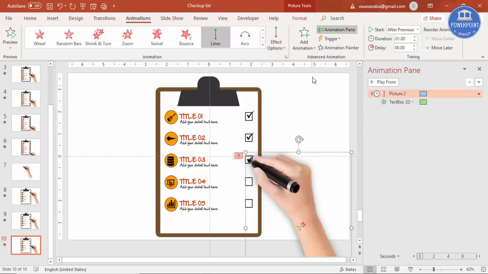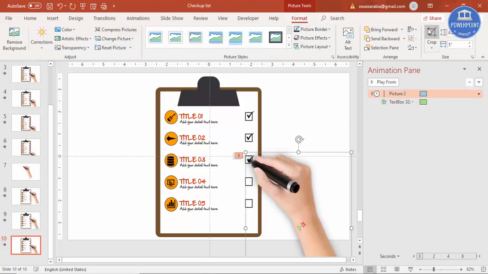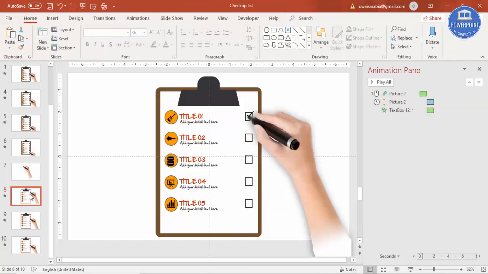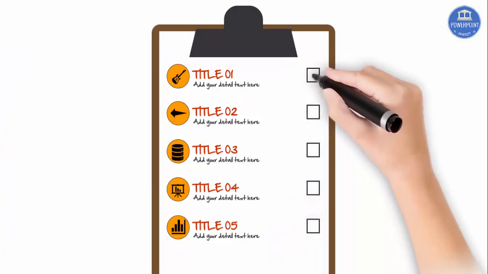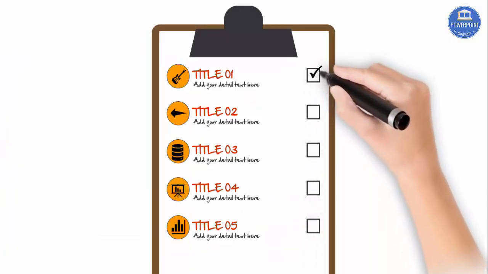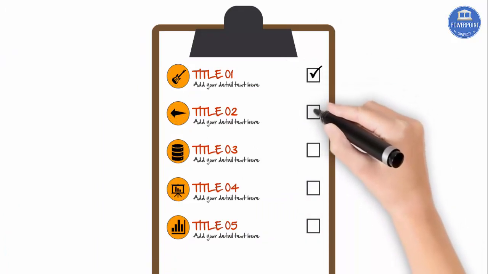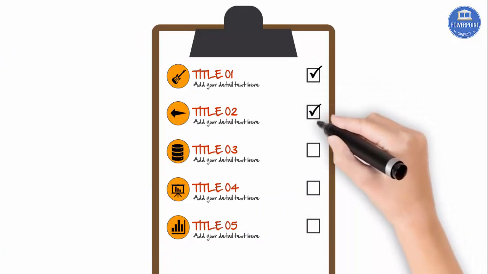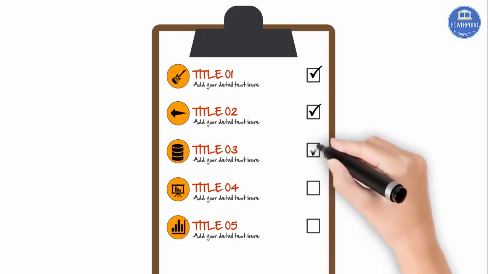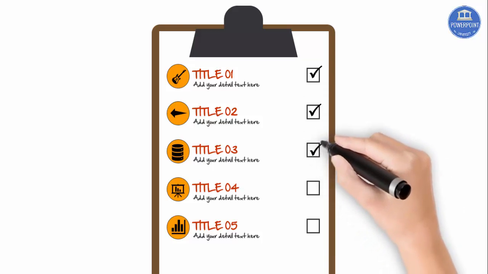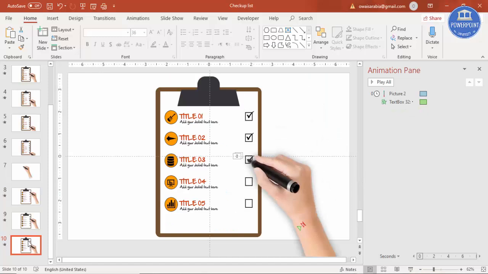Alright, and make sure that this hand image is always on top. Again, so let me just go from the slide 1, title 1 is ticked, then its title 2 is also ticked, then it comes to title 3, this is also tick. Likewise you can do for title 4 and title 5.